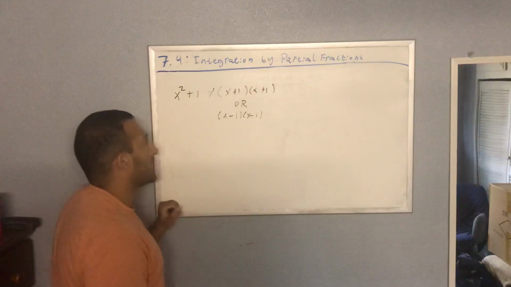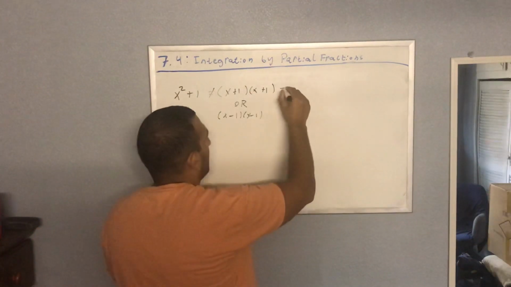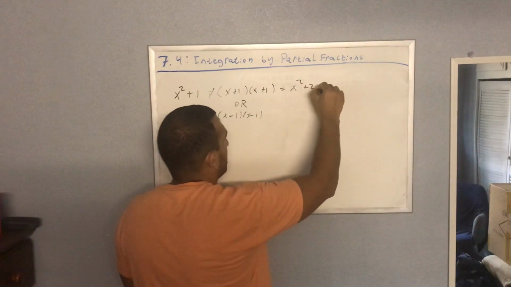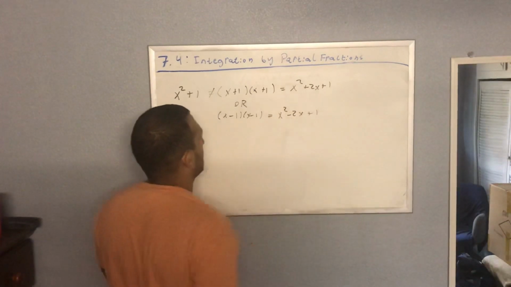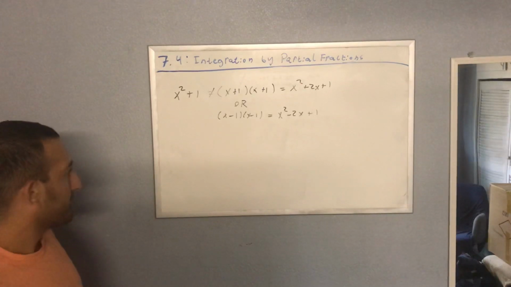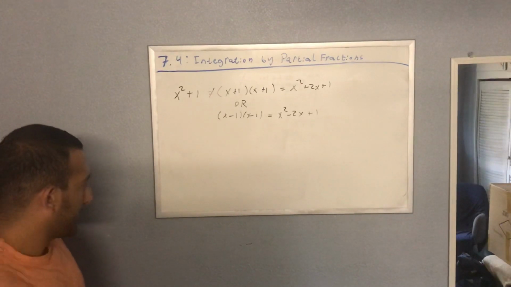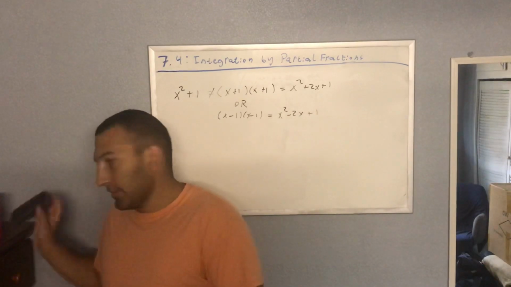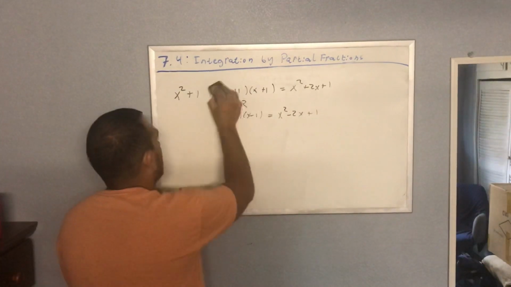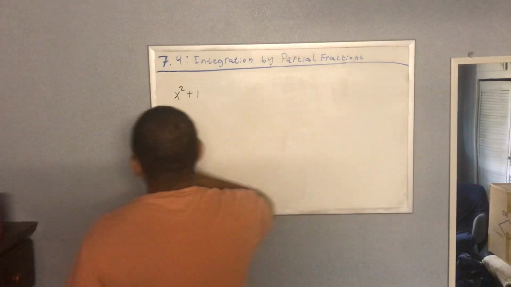But in both of these cases, these don't give that back. It is not equal to either of these, because this is equal to x squared plus 2x plus 1, and this is x squared minus 2x plus 1. So these don't give back the original polynomial. The actual way you factor it is you have to use imaginary numbers.